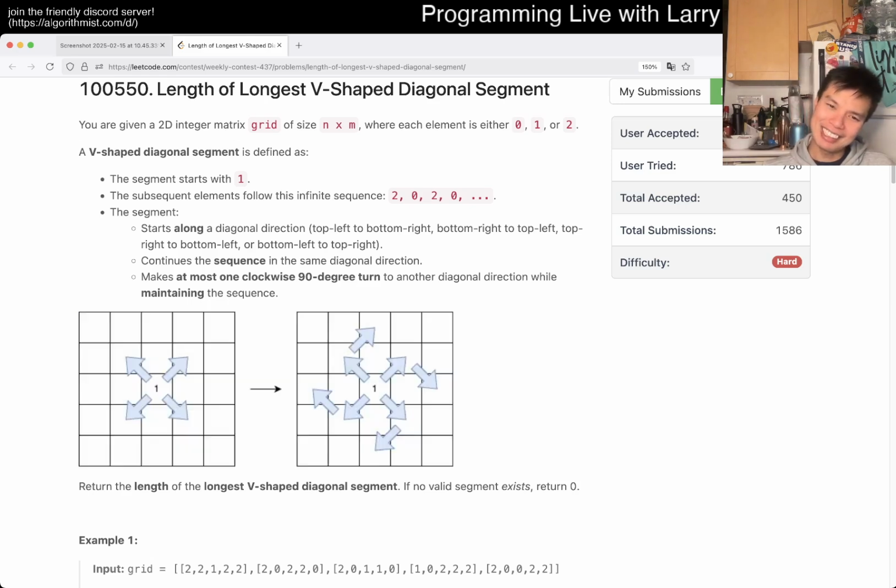Also, wait, am I being a little bit nuts? Oh, Leetcode, I didn't see this before, but is this literally a swastika? Oh my god, Leetcode. What the... come on, man.